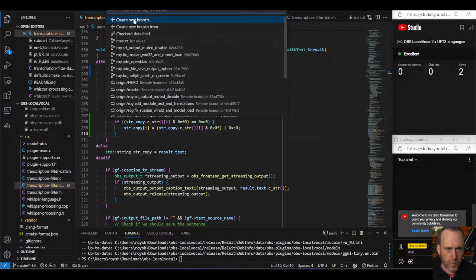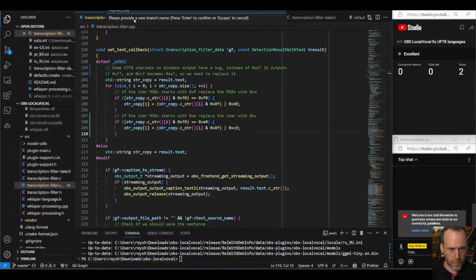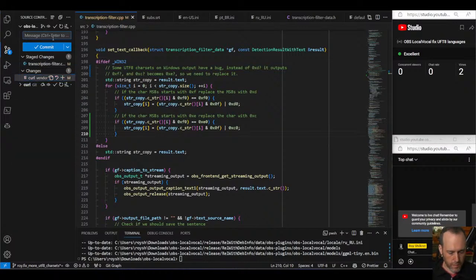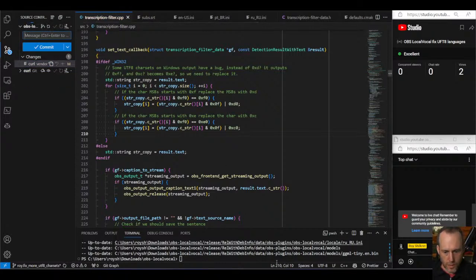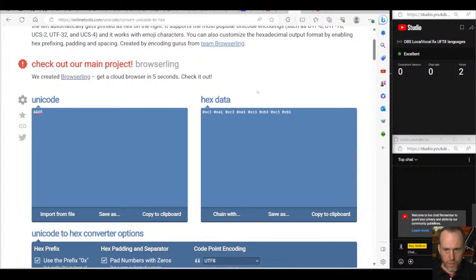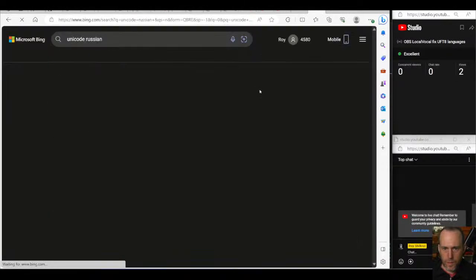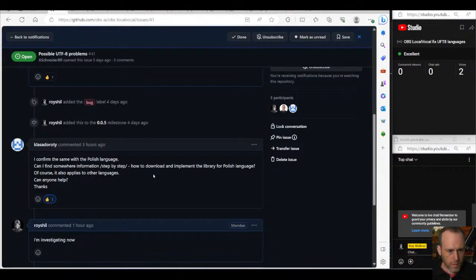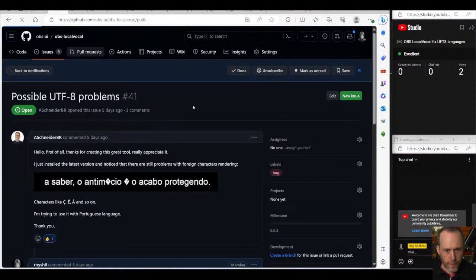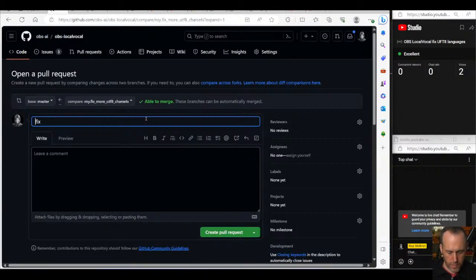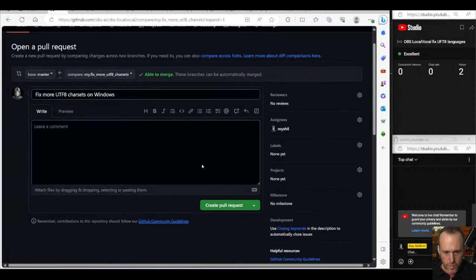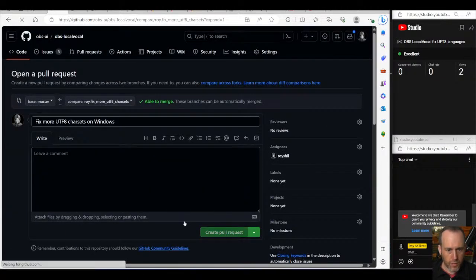Okay, so let's create a new branch. Right, fix more UTF8 charsets. And then we'll get this in there. Publish this. Just get rid of all of this stuff in here. And let's create Windows, sign it, and create the pull request.